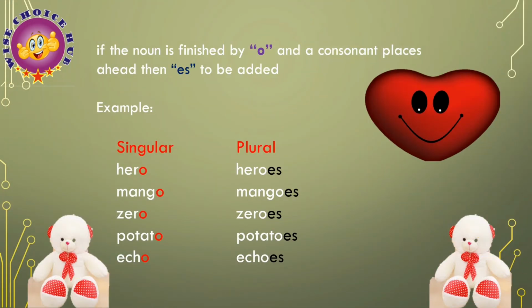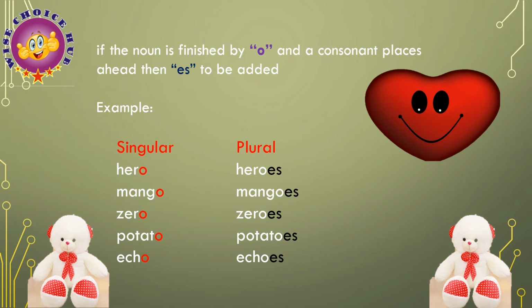The next rule is if the noun ends with the vowel O and a consonant is placed before the vowel, then you need to add ES and make it a plural. For example, hero, H-E-R-O. O is the last letter of the word, right?